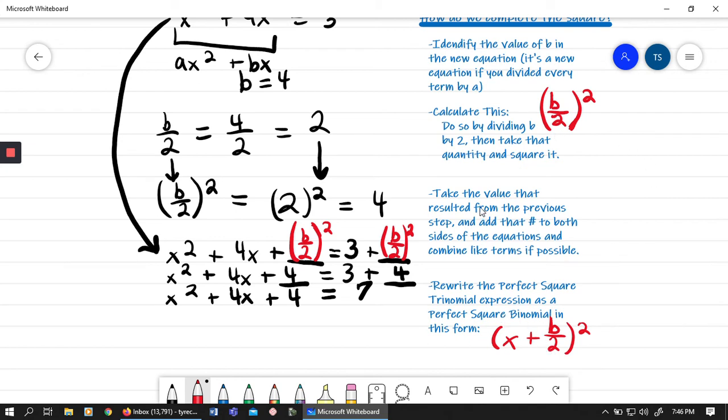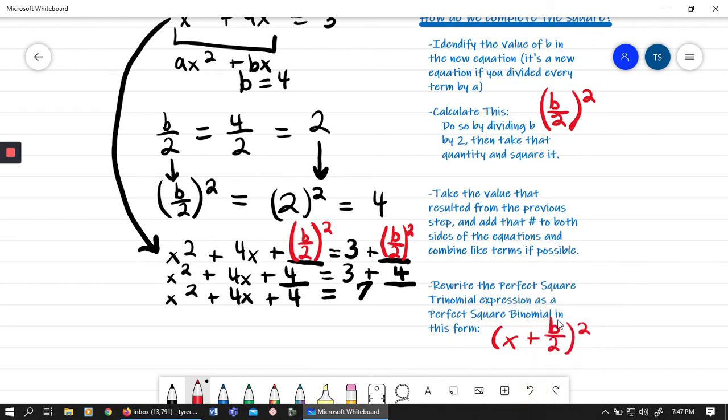So guys, remember that quantity that we calculated before was not just b divided by 2. That quantity that we calculated was where we took b divided by 2 and actually squared that number. Here, I am not asking you to square b divided by 2.